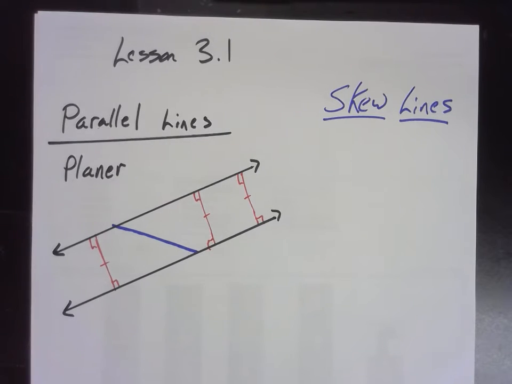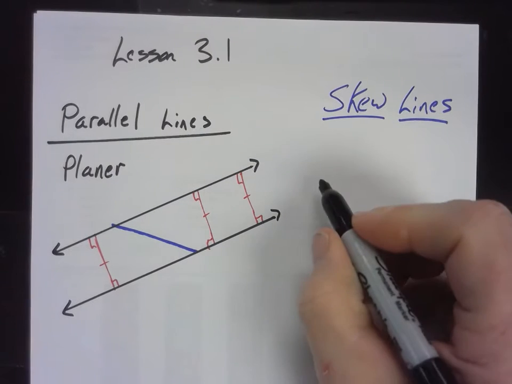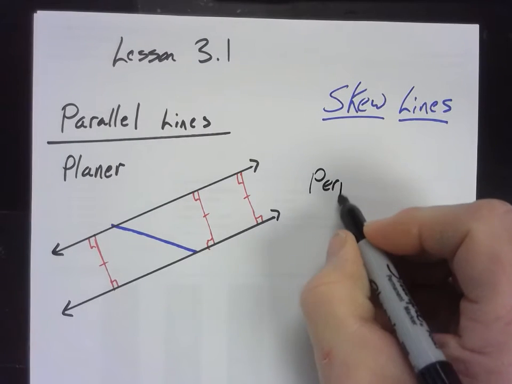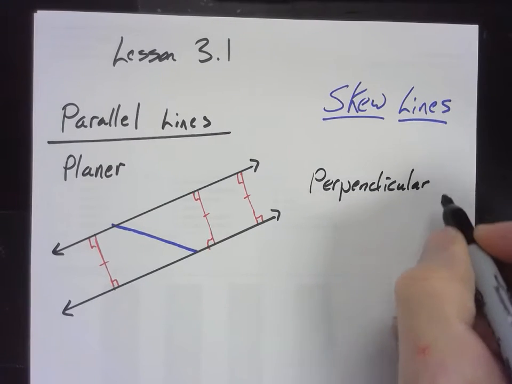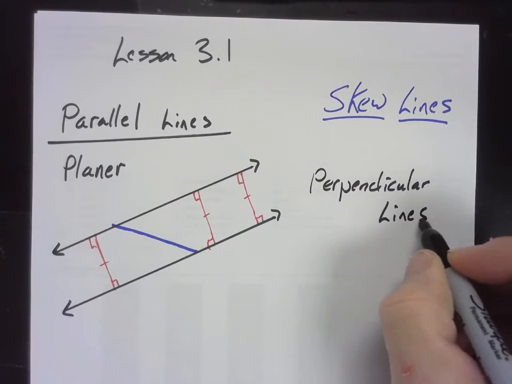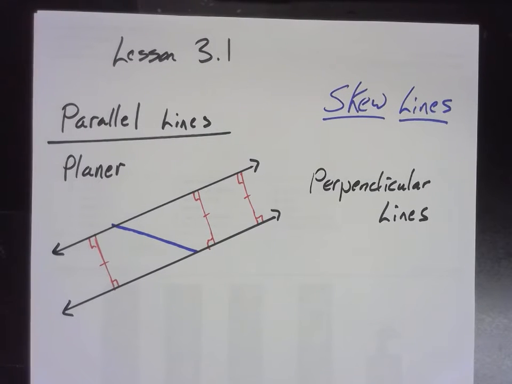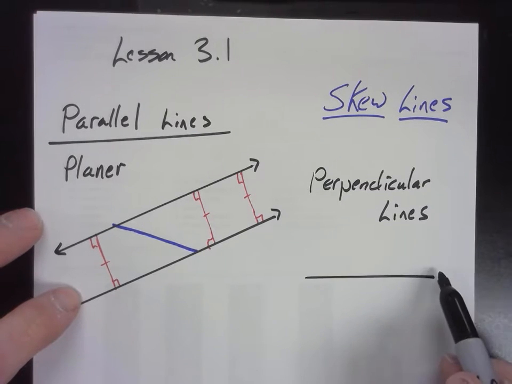Okay, the last one is perpendicular lines. Perpendicular lines, what do we know about them? They intersect how? Yeah, they intersect at a right angle.